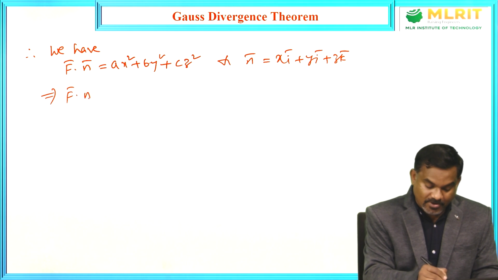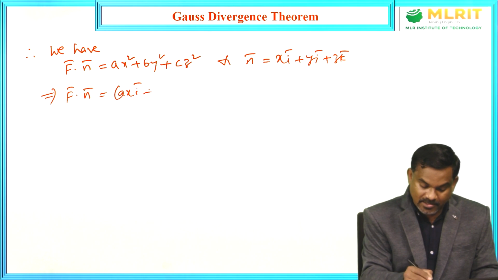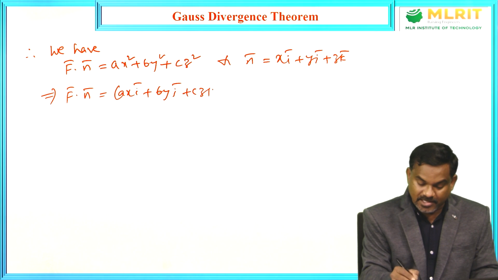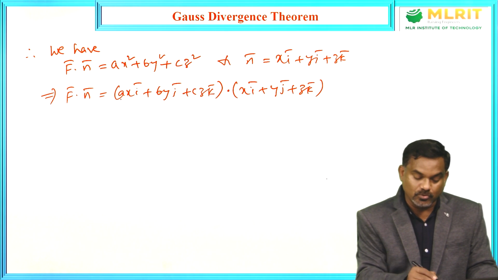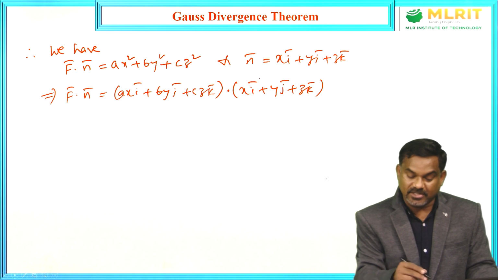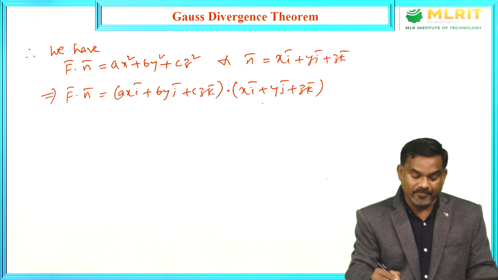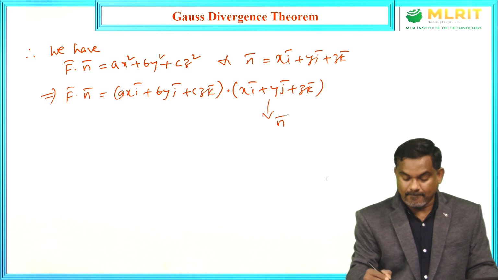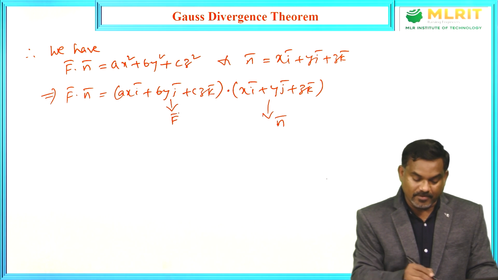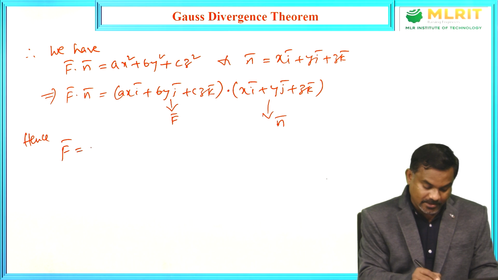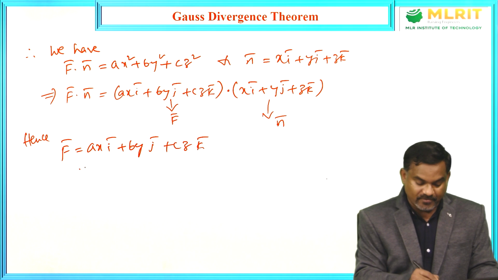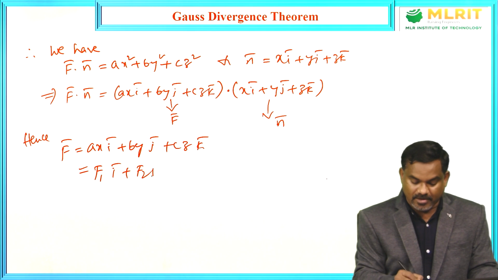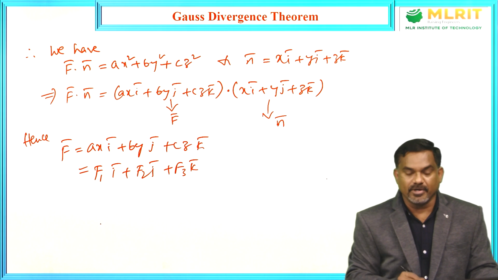I can write F̄·n̄ as (ax ī + by j̄ + cz k̄)·(x ī + y j̄ + z k̄). Taking the dot product gives ax² + by² + cz². So if this is n̄, this should be F̄. Hence F̄ is ax ī + by j̄ + cz k̄, which is in the component form F₁ ī + F₂ j̄ + F₃ k̄.